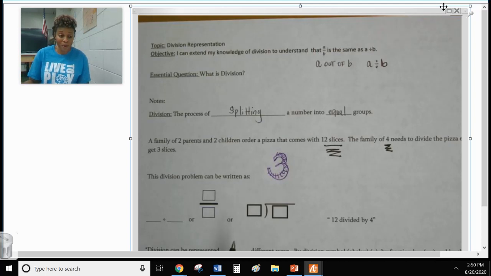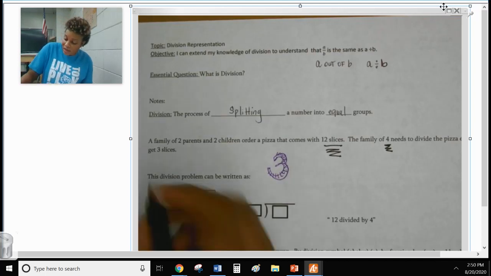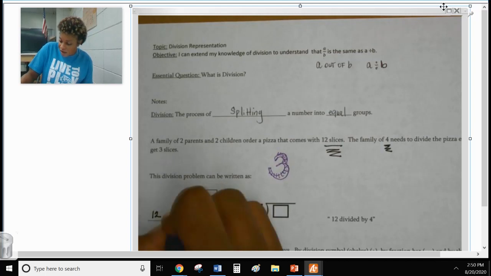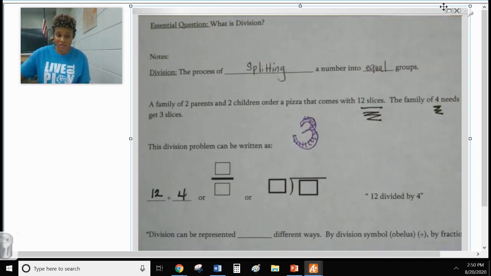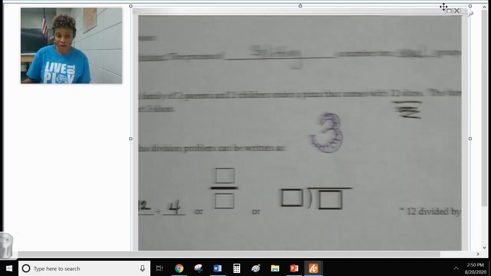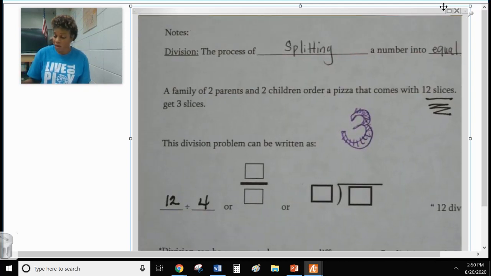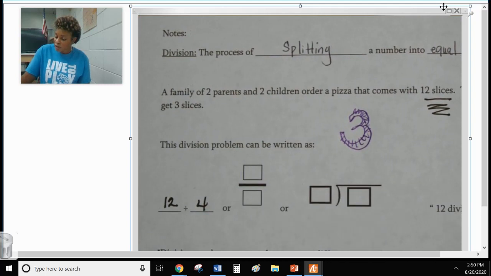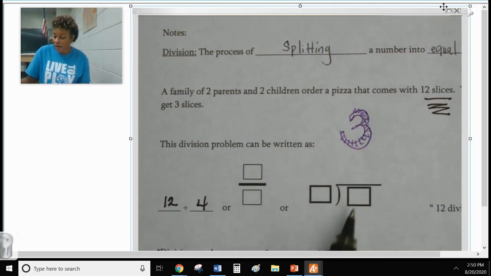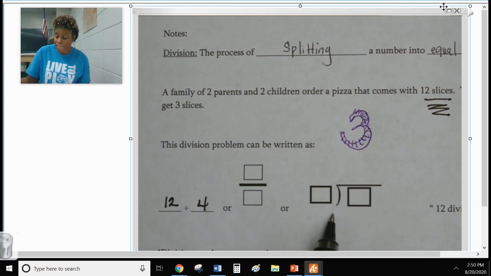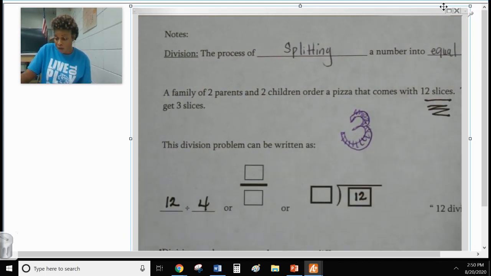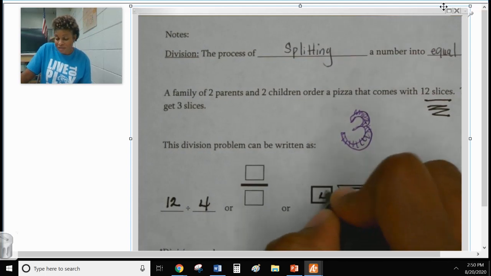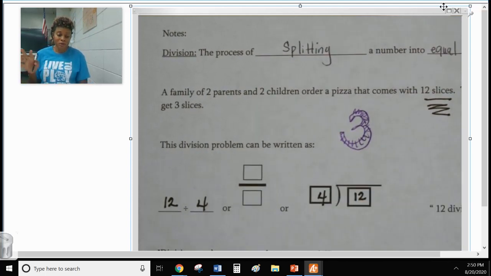So when we think about writing our problem, we want to say 12 divided by 4, because that's 12 slices that we're dividing by 4 people. Then when you are writing inside this bracket, the 12 goes inside, that's what is being broken up, and the 4 goes outside. That's how many people we're splitting it up amongst.